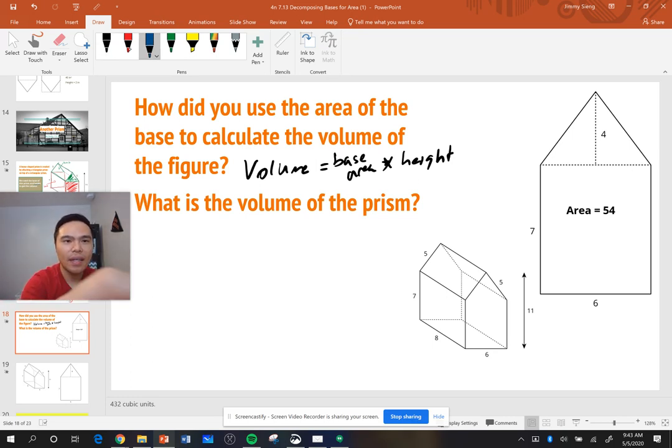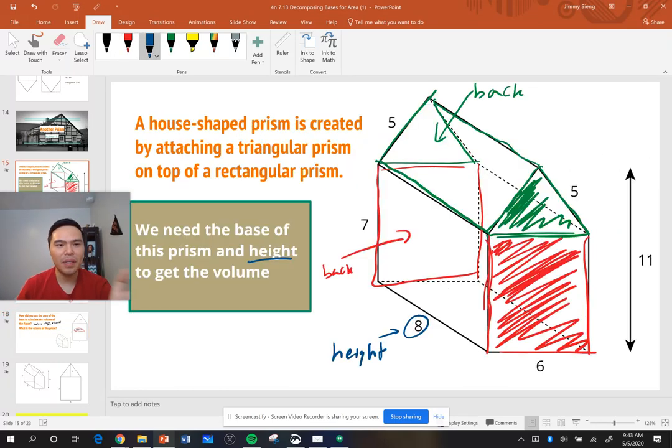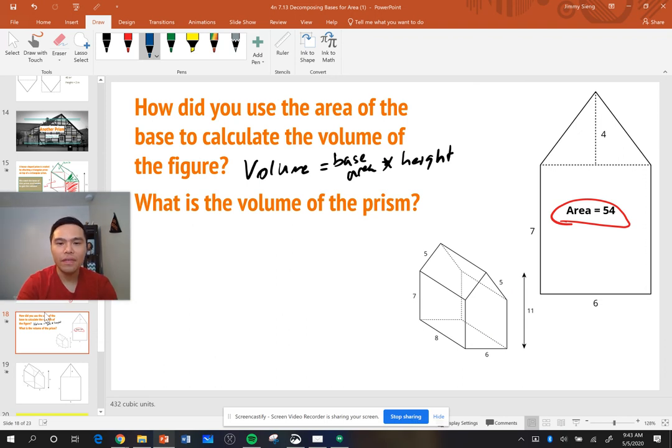If my base area is right here, we need to understand what our height is going to be. That goes back to this picture again, right? Notice how in blue over there I said the height is 8 because I took the house and I put it upwards, right?